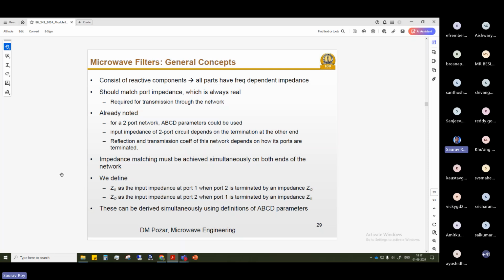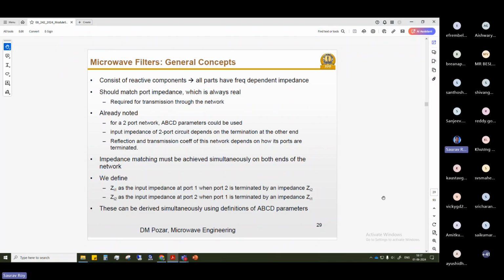So what is image impedance? That will come in the next slide. If you have to do matching, this image impedance concept comes very handy. Generally, using image impedance, we can explain the filter network as well as derive the other parameters.